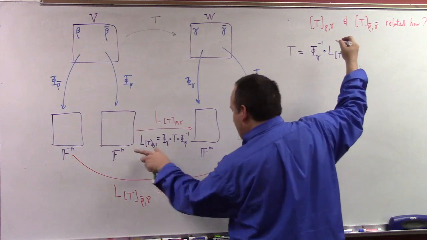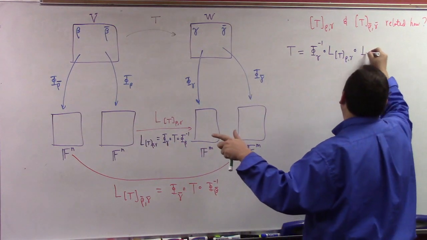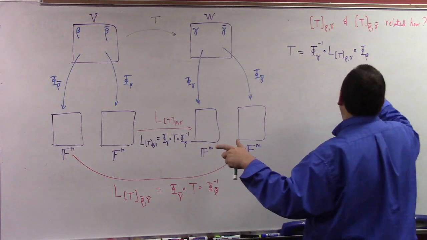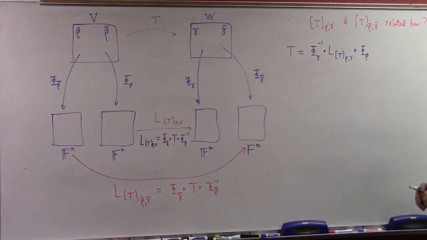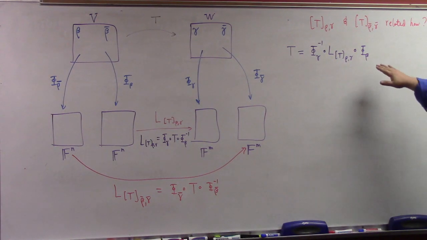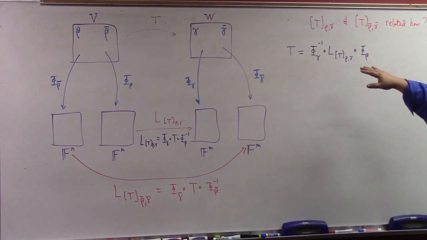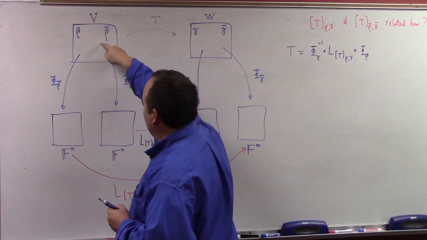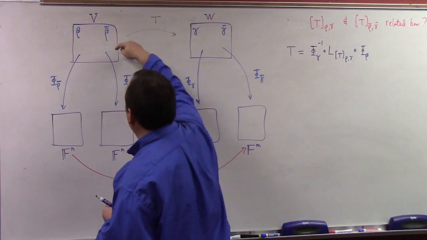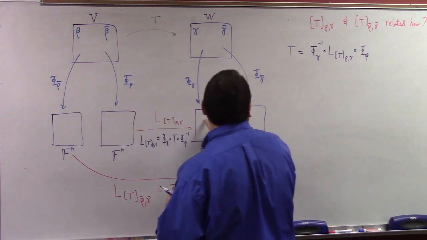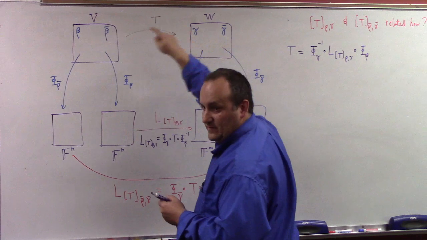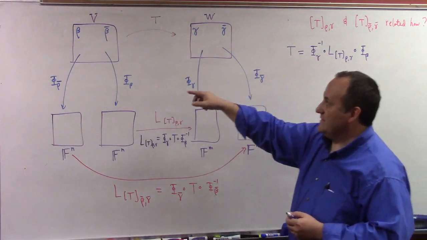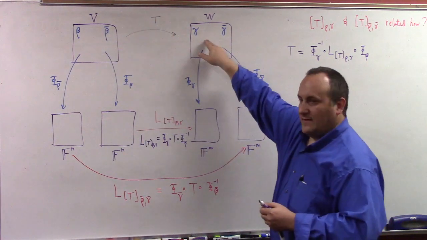And then I hit it with phi beta on the other side, right? Just like that. And that is diagrammatically totally unsurprising, because that's just the fact that you can start here and you can go phi beta across here and then phi gamma back up, or you could just do T. It's two different ways to get from point A to point B.